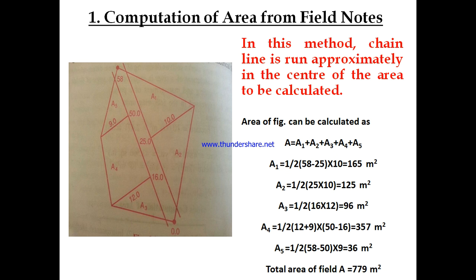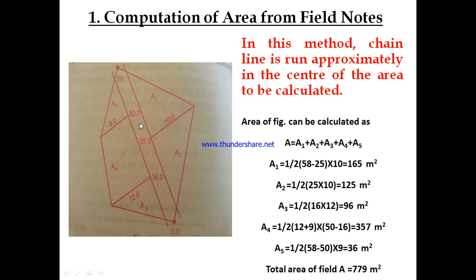So let's begin with the first method, that is, computation of area from the field note. Try to recall the surveying lab, when you did the surveying with the help of a chain. After that you drew or located that piece of land in the form of a map in your sheet.